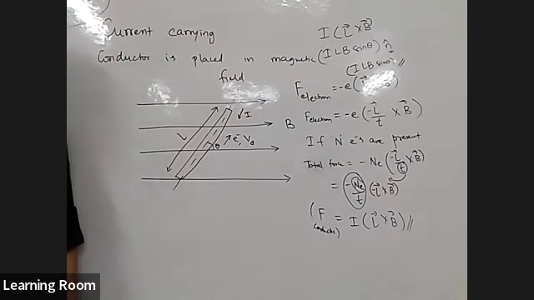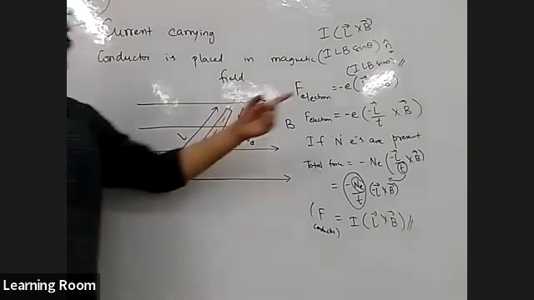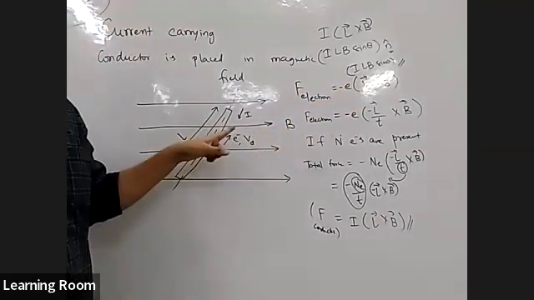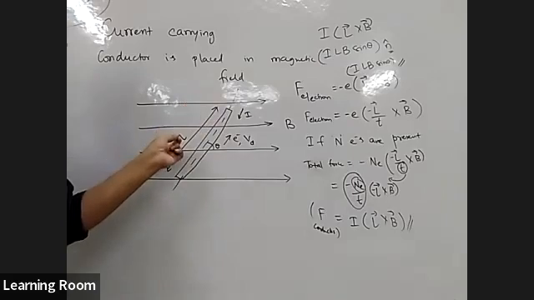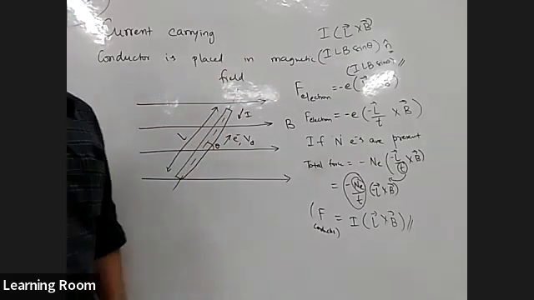In the second step, you wrote minus, because velocity is displacement by time. Yes, sir, minus, because velocity is in the direction opposite to L vector. So I took L vector as the direction of current. If this is the direction of L vector, velocity is in the opposite direction. That is the meaning.